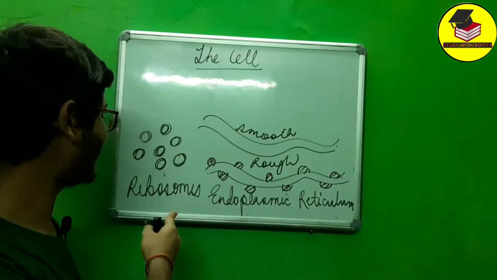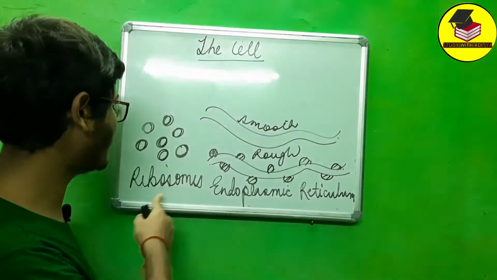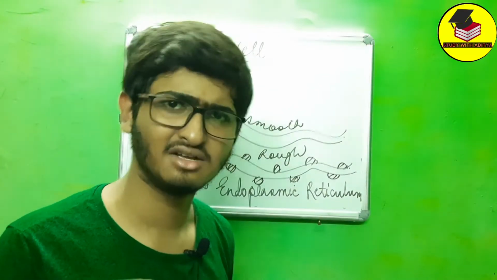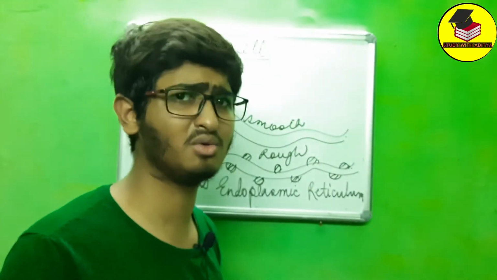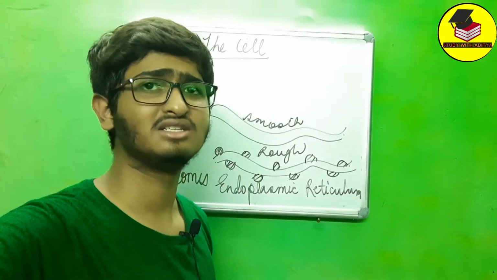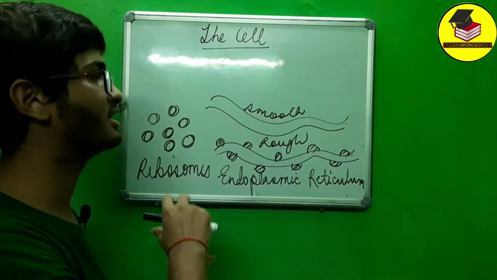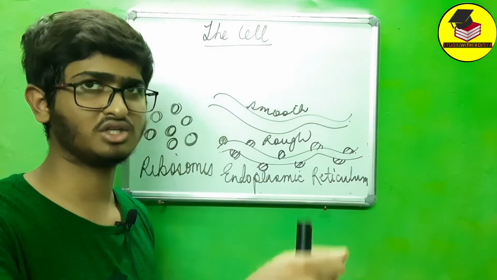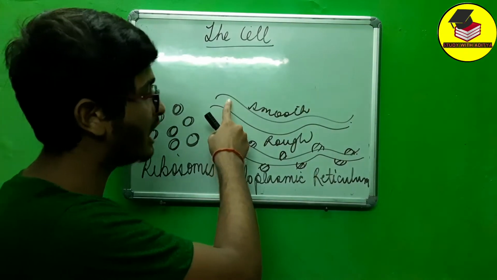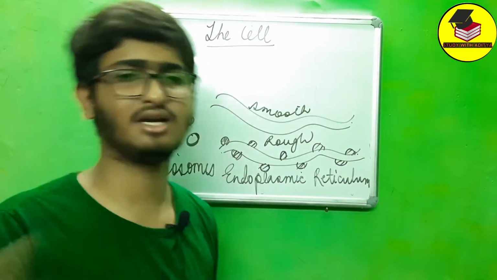Now, we have ribosomes and we have endoplasmic reticulum. Ribosomes are granular structures, that is, grain-like. All of you most probably know what a dana is. So we call such structures granulated structures. The location of ribosomes: they are either attached to the endoplasmic reticulum or scattered in the cytoplasm.